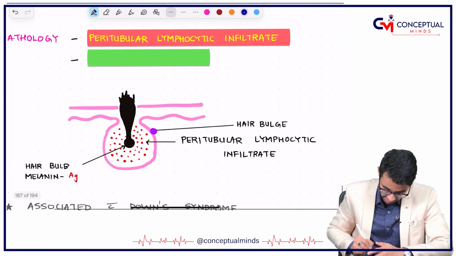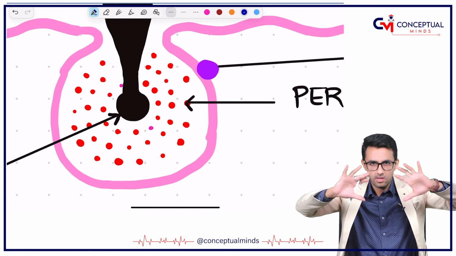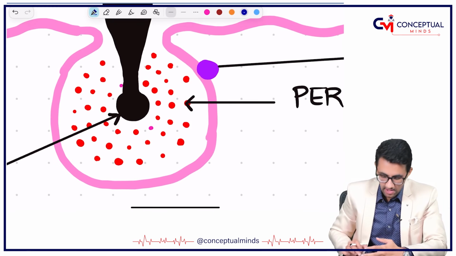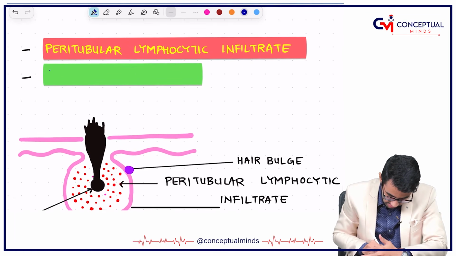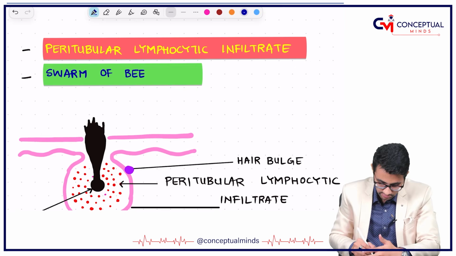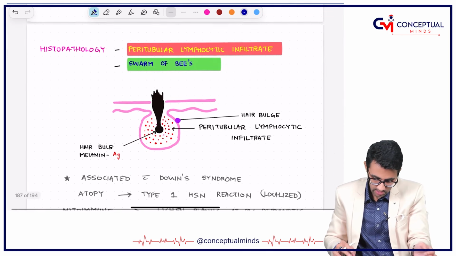Swarm of bees, like these ones. These are swarms of bees attacking the hair follicle. Some bees may be going to the beehive. Swarm of bees.